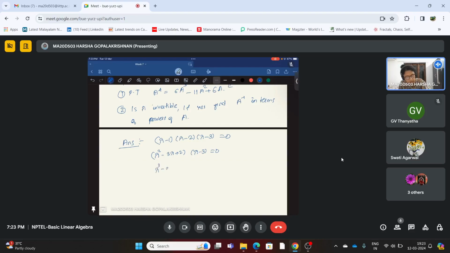So lambda cube minus 6 lambda square plus 11 lambda minus 6.